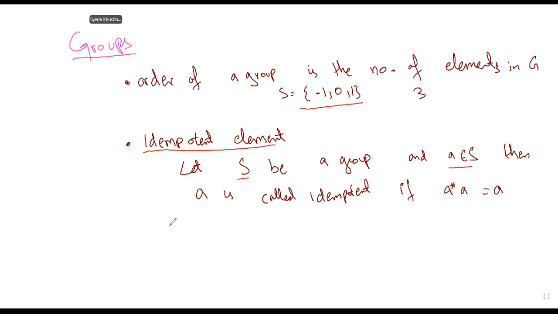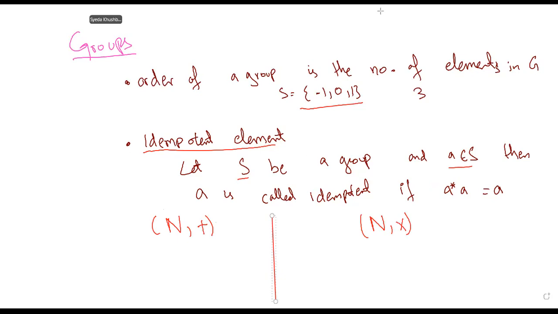For example, if we talk about the set of natural numbers with, let's say, addition, and again, the set of natural numbers with respect to multiplication. This is not a criteria for a set to be a group. Be very clear with this. We're just discussing idempotent elements.